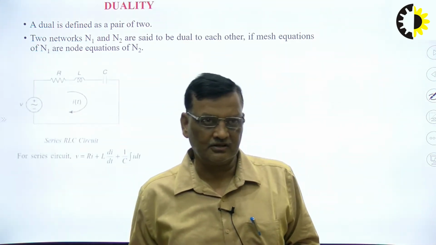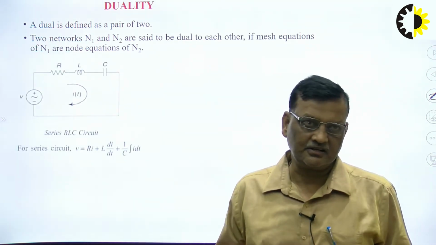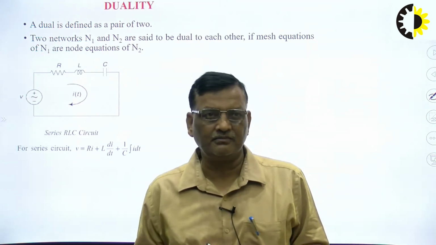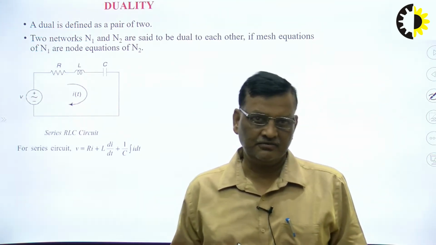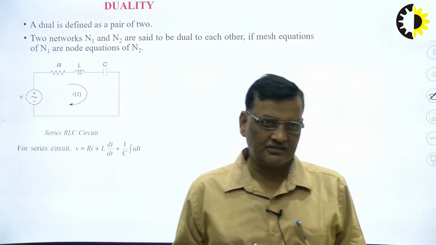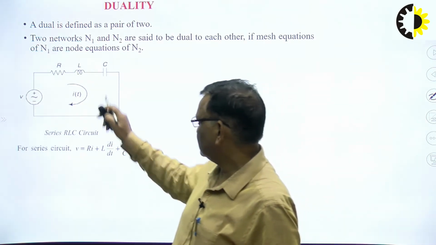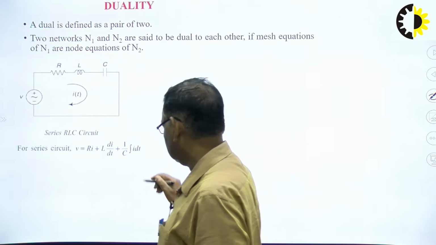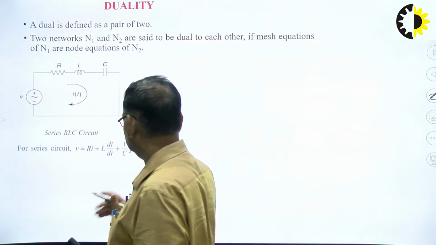So look at this circuit diagram. This is a very simple circuit diagram consisting of R, L, C with an energy source voltage, and they are connected in series. If you apply the Kirchhoff's voltage law, we can get these equations.